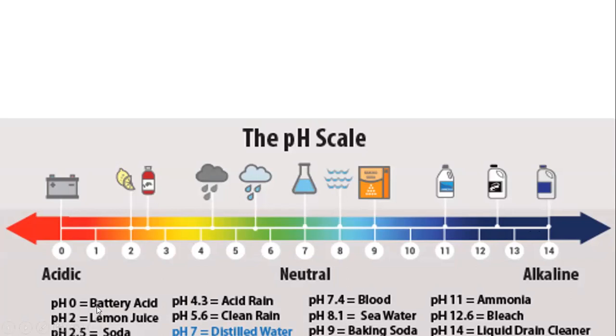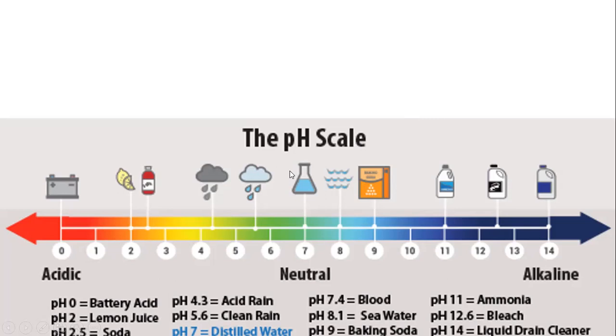So examples here: pH 0 is battery acid, pH 2 is lemon juice, pH 2.5 is soda, acid rain is 4.3, 5.6 is clean rain, and pH 7 is distilled water, purely neutral. Then 7.4 we have blood, slightly alkaline, above 7. And then 8.1 we have seawater, pH 9 is baking soda, pH 11 is ammonia, 12.6 is bleach, and pH 14 is liquid drain cleaner, a highly alkaline substance.